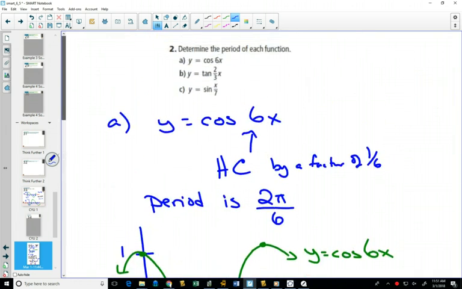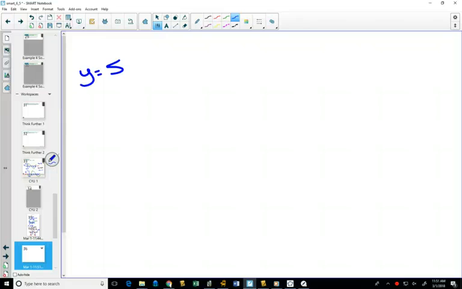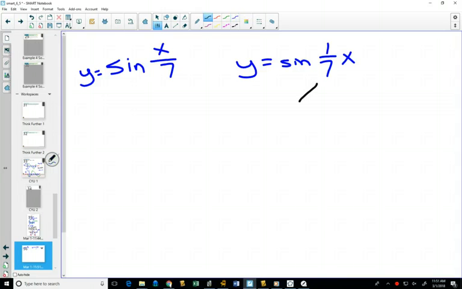Finally, our last graph here, which was sine of x over 7. This is the same. Dividing by 7 is the same as multiplying by 1/7. So this 1/7 would be a horizontal stretch by a factor of 7.